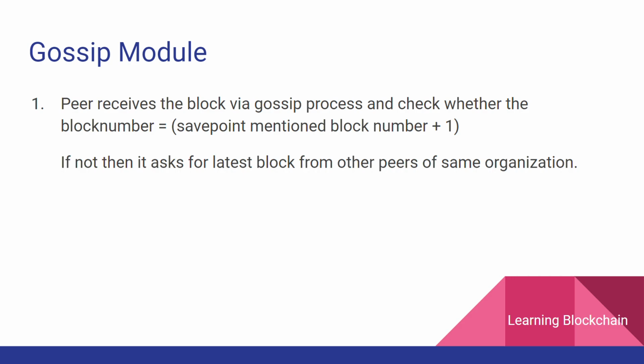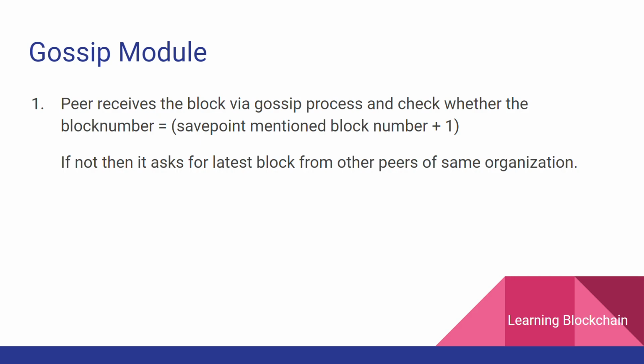So the first one is the gossip module. When the peer receives a block via the gossip process, it checks whether the block number is the save point mentioned block number plus 1. If not, then it asks for the latest block from the other peers of the same organization.